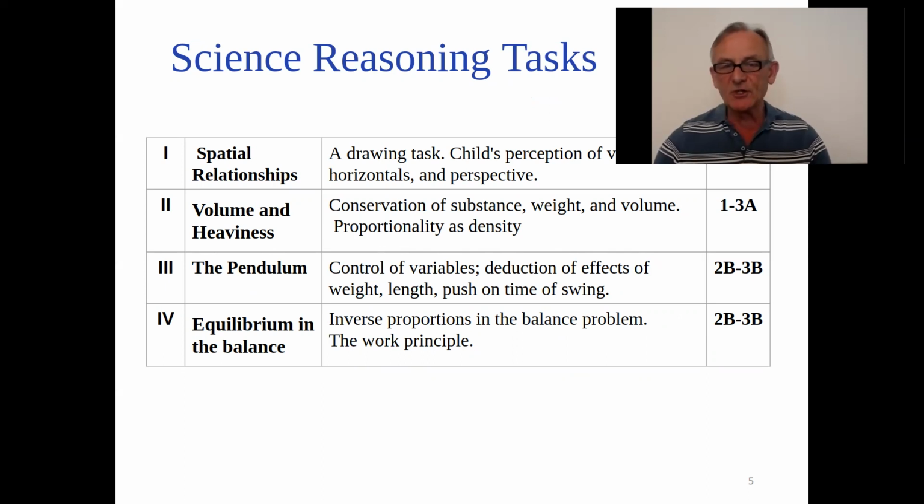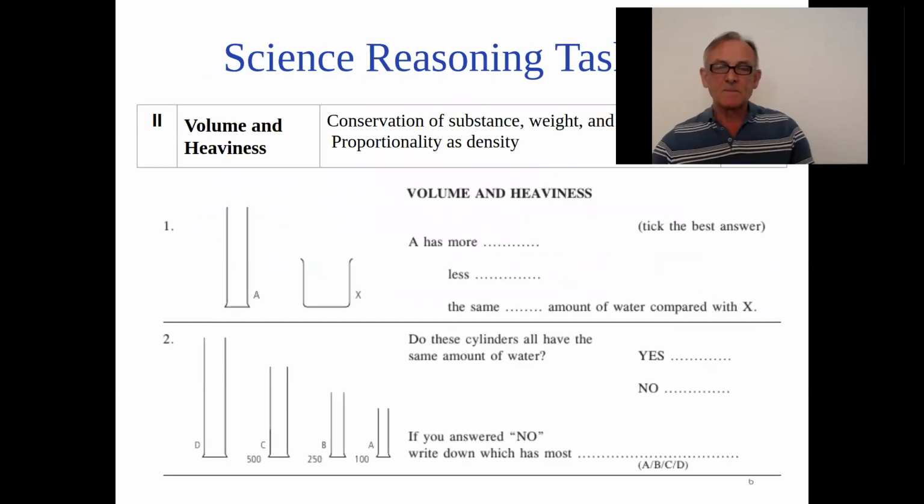I'm going to show you a small part of one of them, the volume and heaviness task, which is quite well researched and covers a range from early thinkers to slightly advanced thinkers. So it's probably one of the best to get started with in the CASE program.